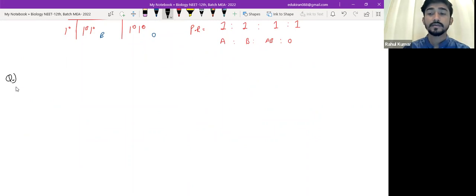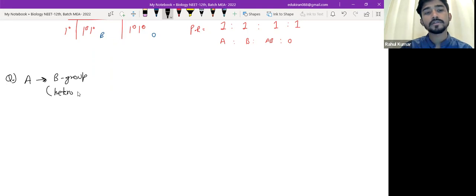Parent A has a blood group B and is heterozygous for the alleles.